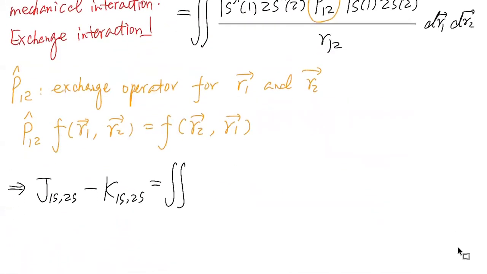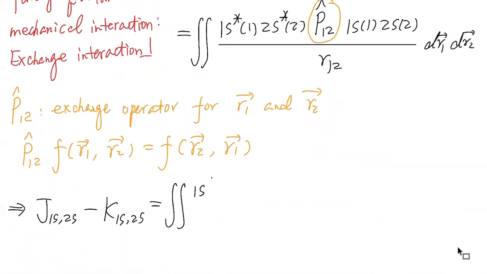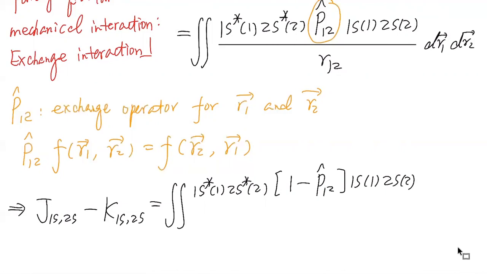And this is simply 1s star(1) 2s star(2), the identity operator, or simply you can write it as 1 minus the exchange operator, 1s(1) 2s(2), over r12.